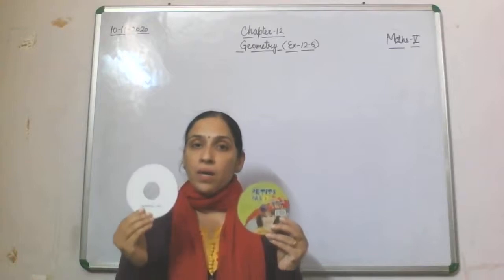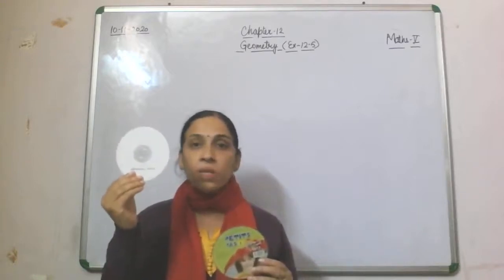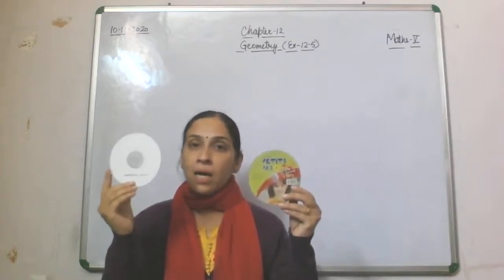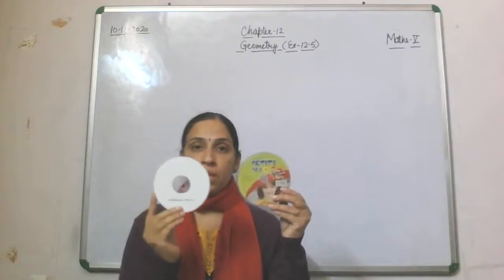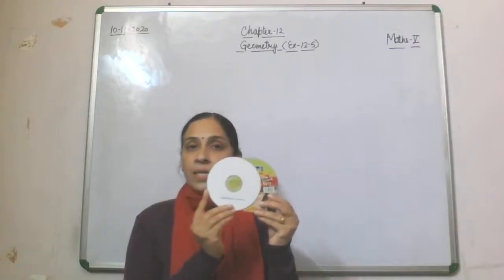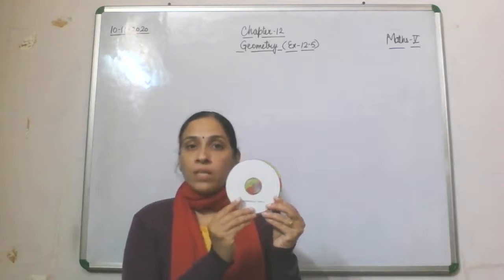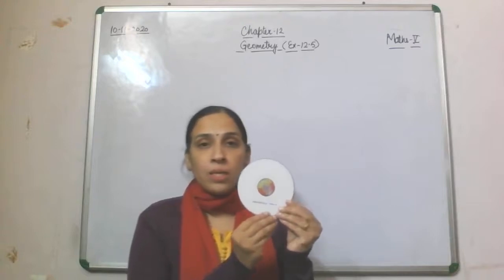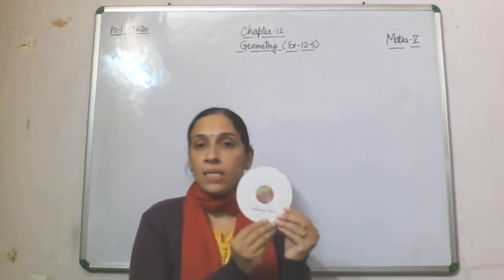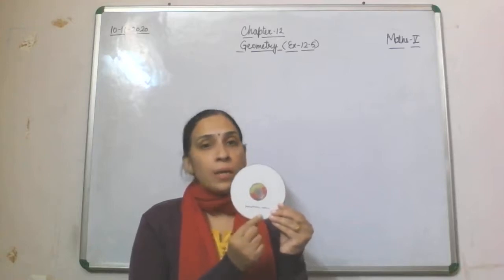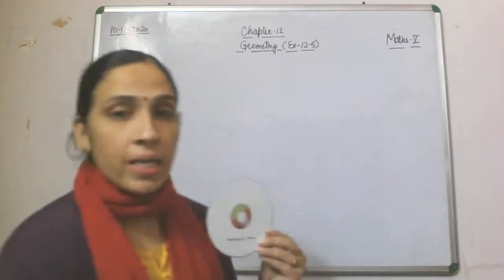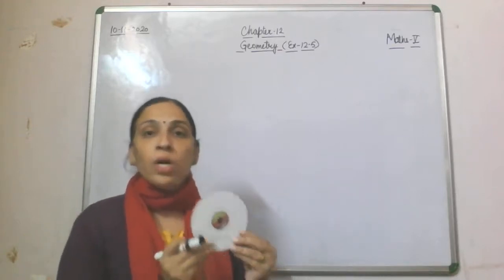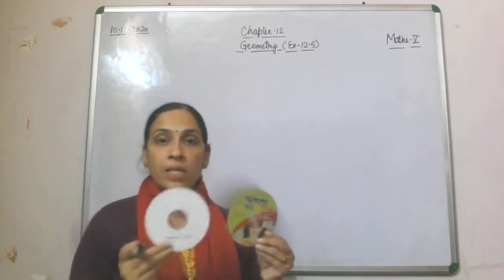If this CD is CD A, that is your position A, and this is your position B, and I start sliding this CD, and after sliding it to one position, I find that position A completely covers position B. Then I'll say that the translated position of A is B. I hope you will be able to understand what we mean by translation of 2D shapes. Fine. Here I have taken a circle.